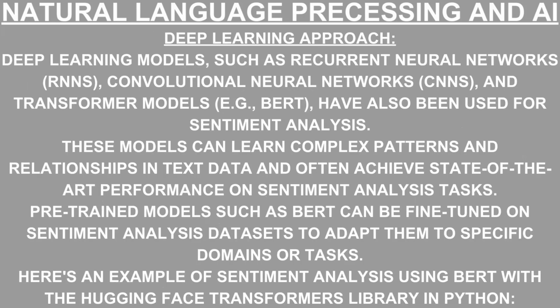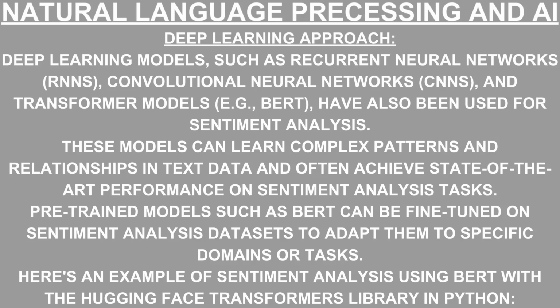Deep learning approach. Deep learning models such as recurrent neural networks (RNNs), convolutional neural networks (CNNs), and transformer models, that is BERT, have also been used for sentiment analysis. These models can learn complex patterns and relationships in the text data and often achieve state-of-the-art performance on sentiment analysis tasks.